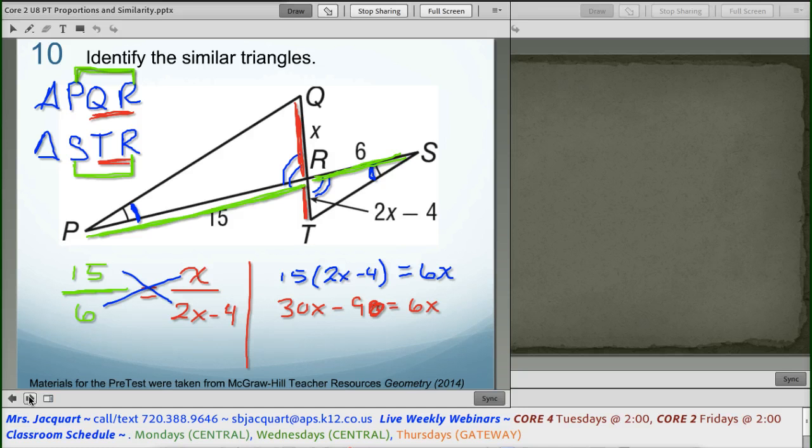Let's add 90 and subtract 6x at the same time. So we get 24x equals 90. And divide 90 by 24.